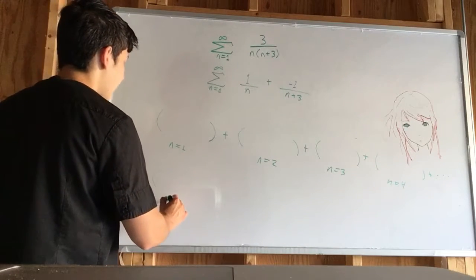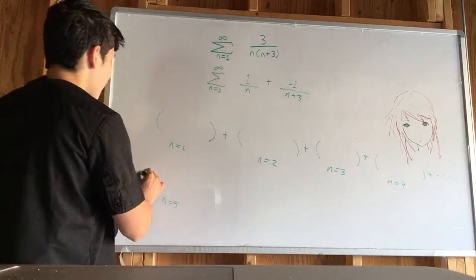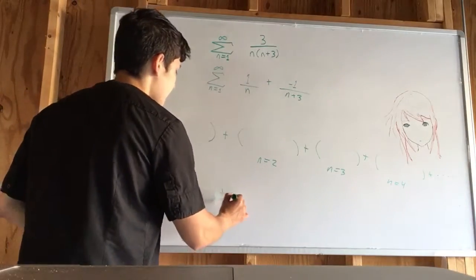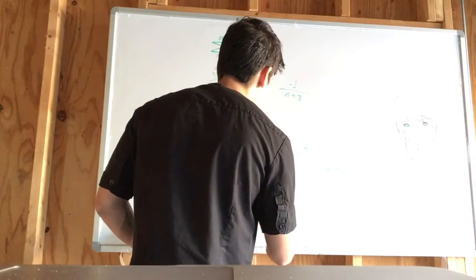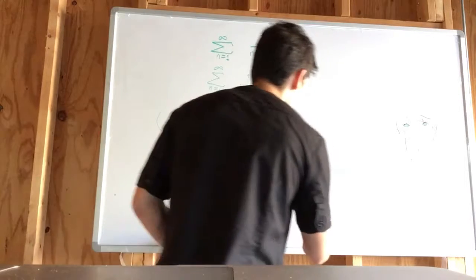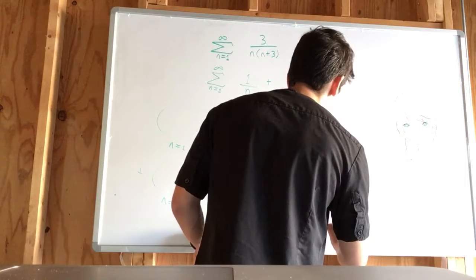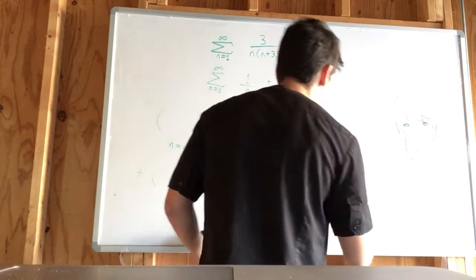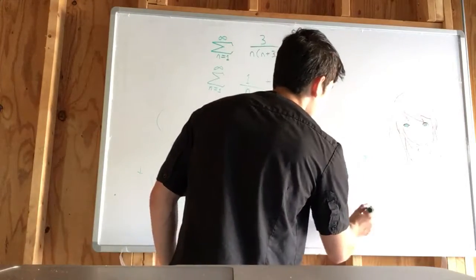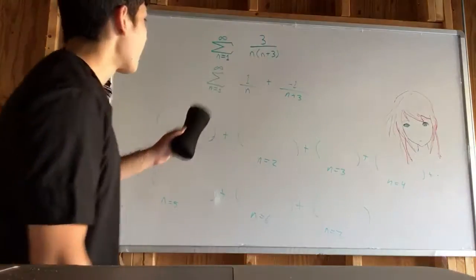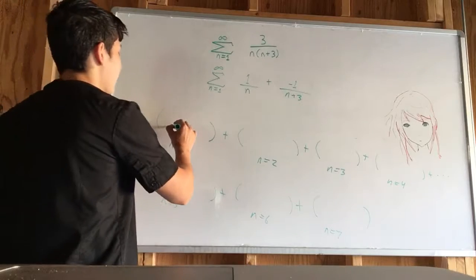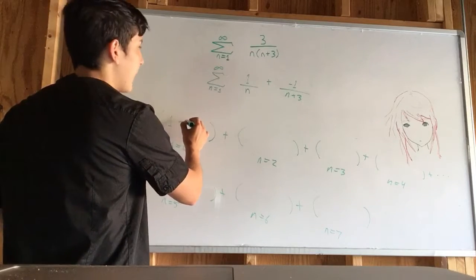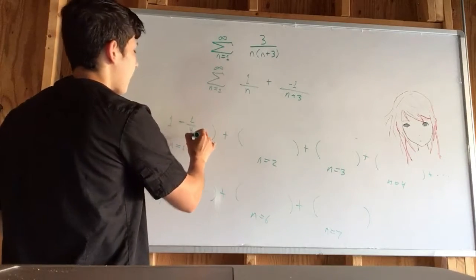We could plug in n equals 5, n equals 6, n equals 7. And so we would just literally plug this in. We would go 1 minus 1/4.